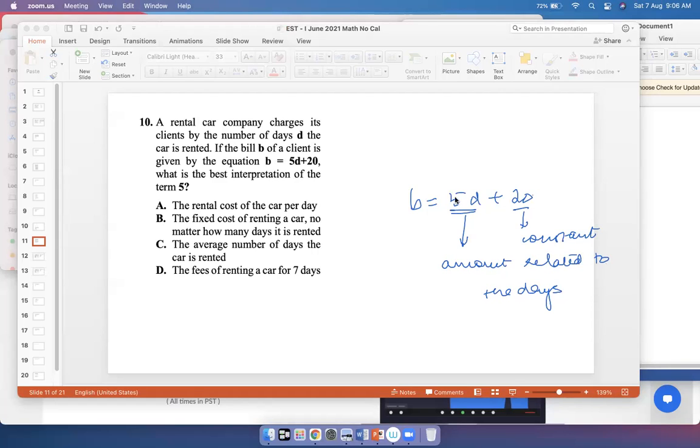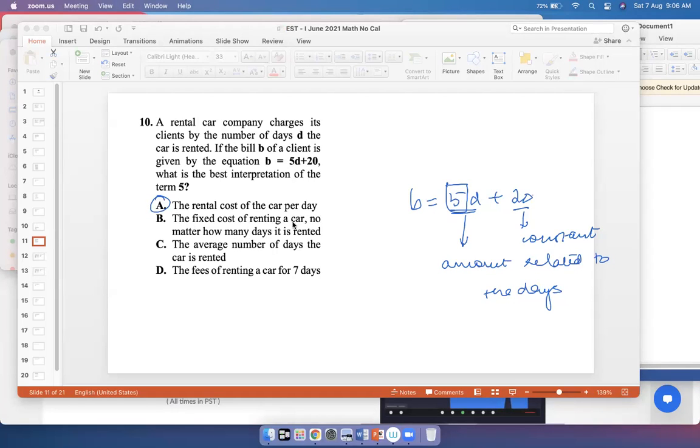For D days the contribution is 5D, which means for 1 day the contribution is 5. So the rental cost of the car per day will be 5, because 5 multiplied by D gives the total rental cost. So the rental cost of the car per day, option A.